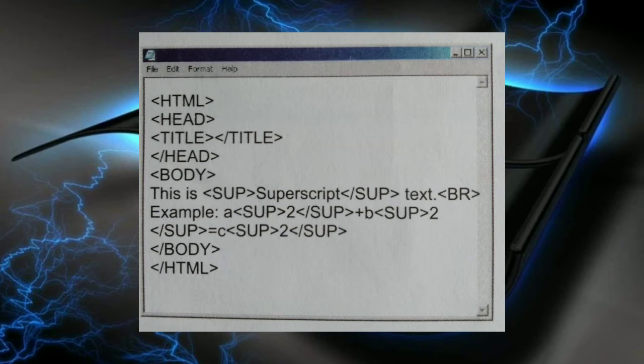In that you have to type: this is open tag SUP superscript close SUP tag text, comma, open BR tag, example a SUP 2 close SUP tag plus b SUP 2 close SUP tag equals c SUP 2 close SUP tag.